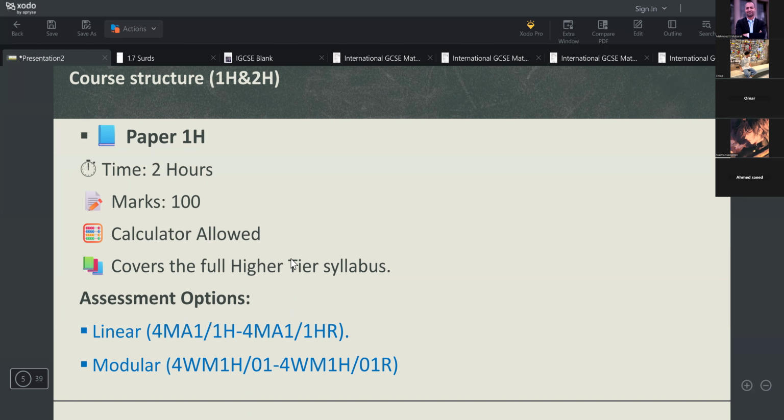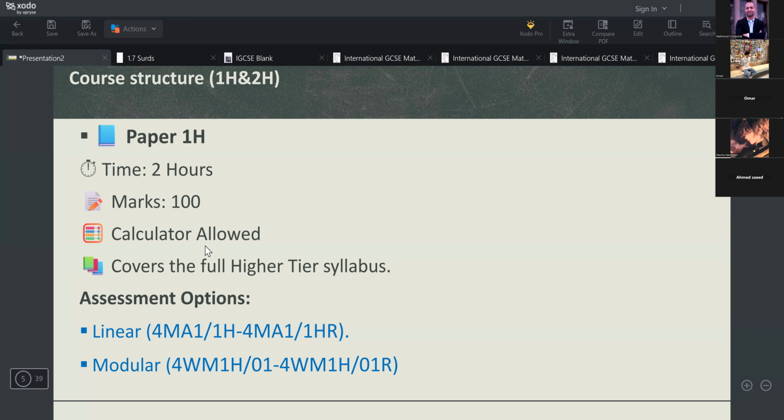For linear, it covers the full higher tier syllabus. For modular, Paper 1 has specification topics. You will find them next.